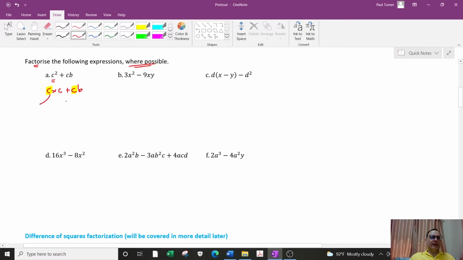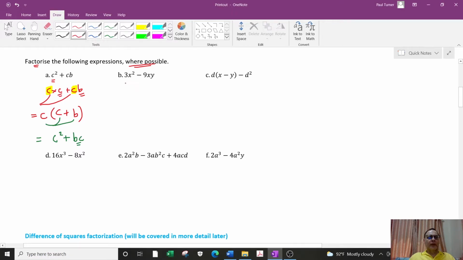So we take that c out and put it in the front. And what are you left with? c here plus b here. Okay, so now you factorize that expression. You can check it by multiplying again. So c times c is c squared, and c times b is bc, or cb, same thing. So you can check it by expanding back to the original expression.